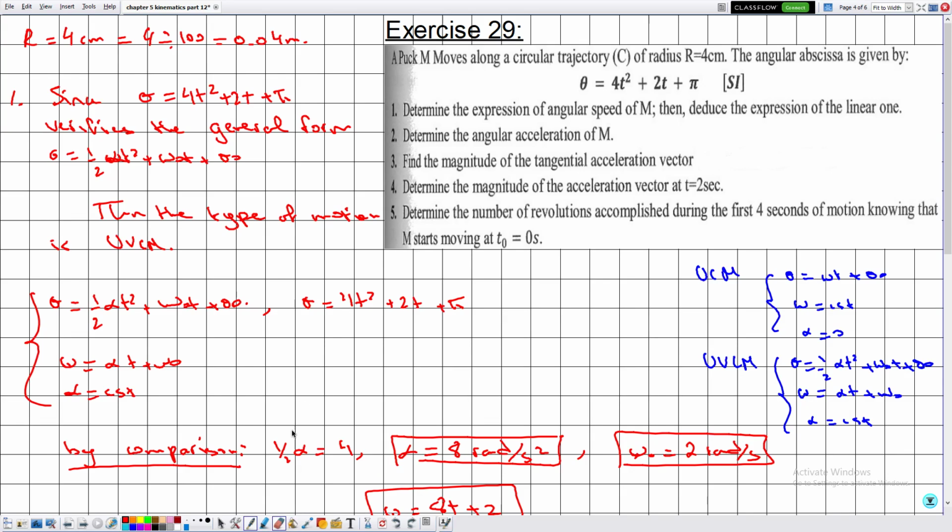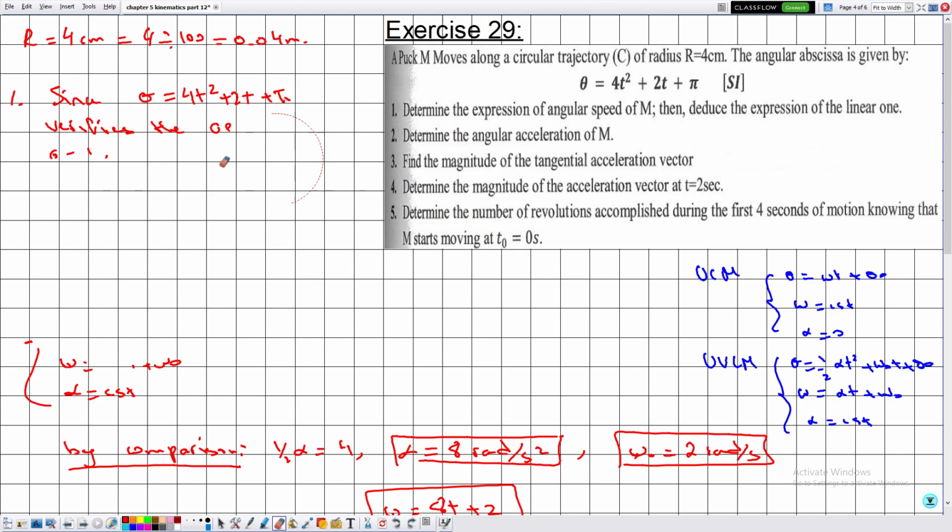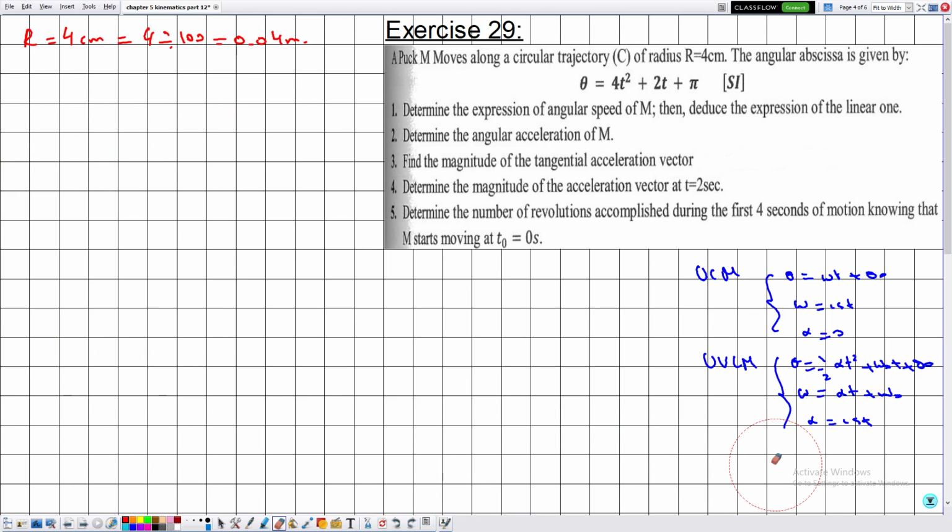Now in part 5 they are telling me determine the number of revolutions, which is given by n is equal to delta theta divided by 2 pi, accomplished during the first 4 seconds of motion, knowing that m starts moving at t0 is equal to 0.